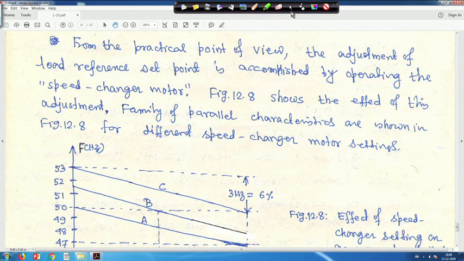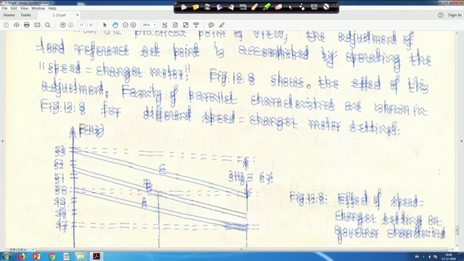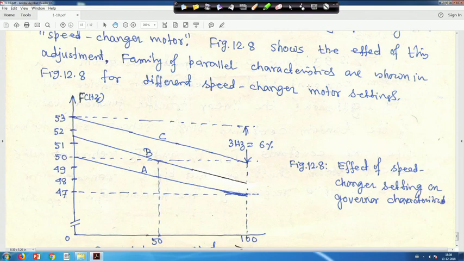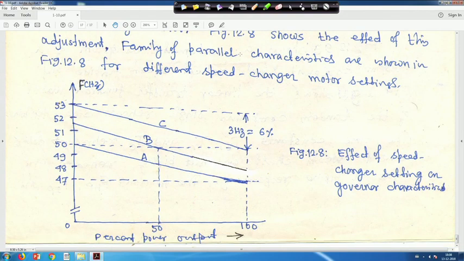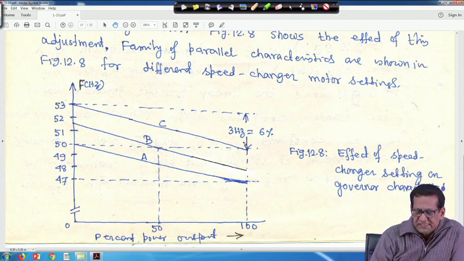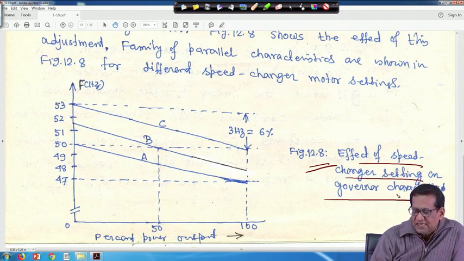Now, if you come to this figure, there are 3 different characteristics, let me move it a little bit up. This is figure 8, effect of speed changer setting on governor characteristic.